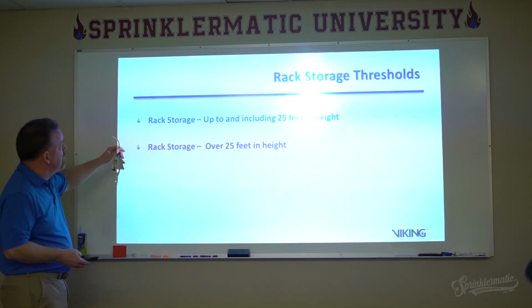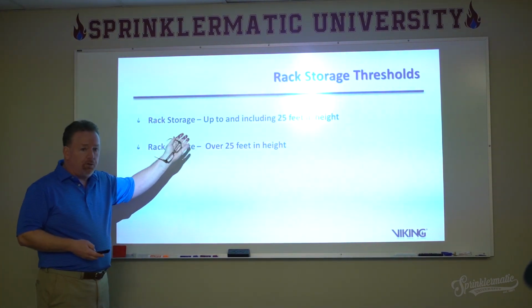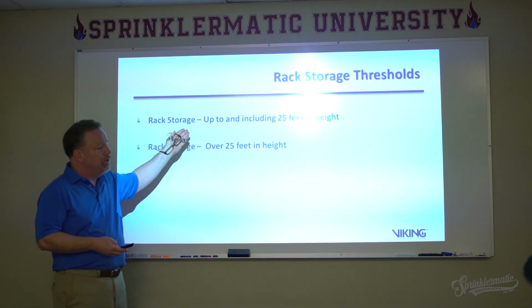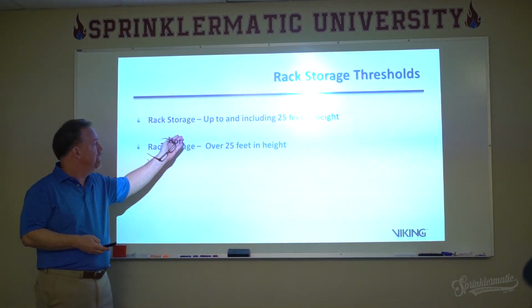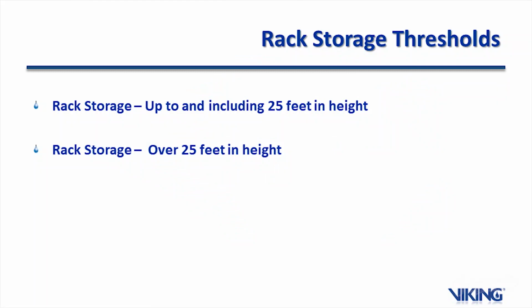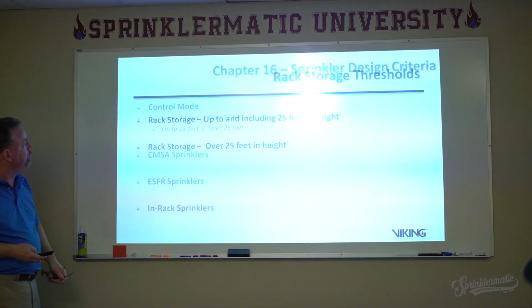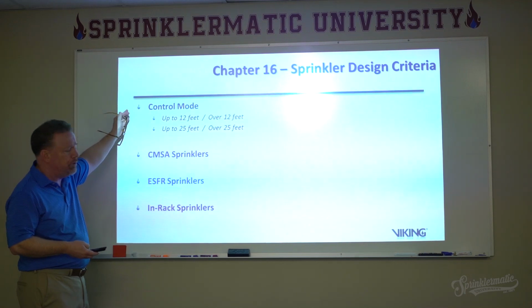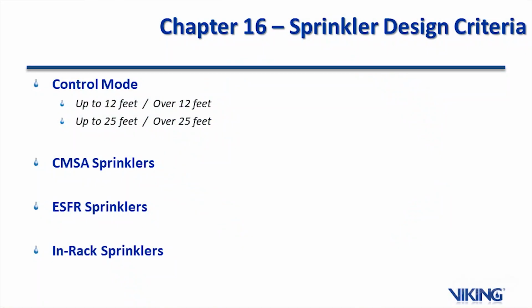So for rack storage, the thresholds are for both plastics and class 1 through 4 commodities, we take a look at that storage height. Because the requirements are going to change once I get over 25 feet in height. Chapter 16 then, control mode sprinklers can be used up to 12 feet or over 12 feet.